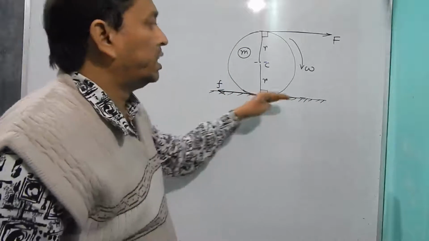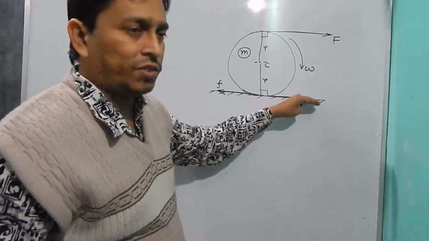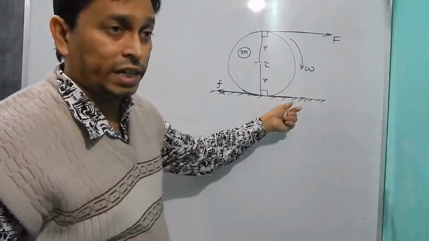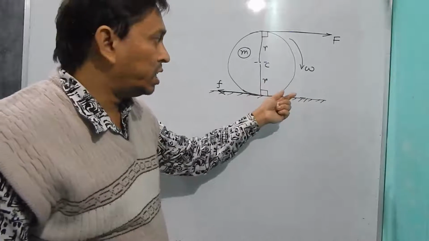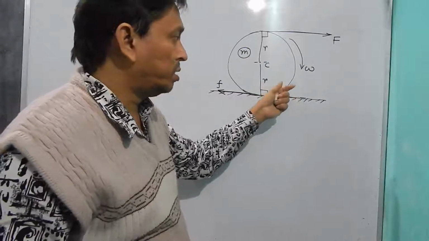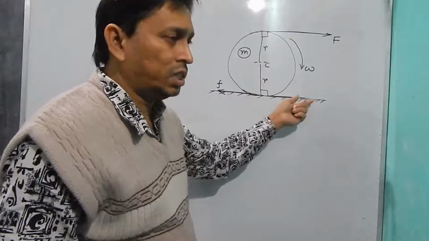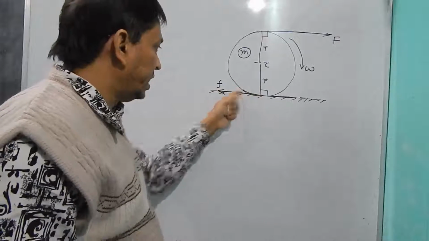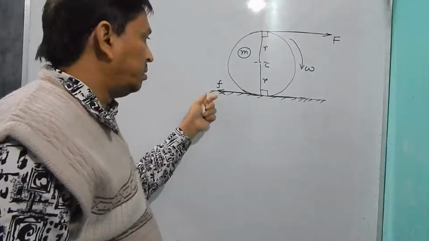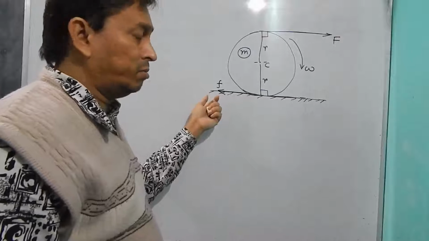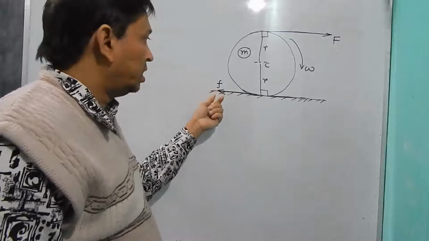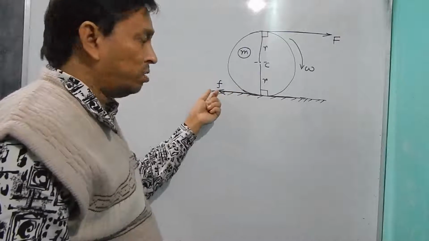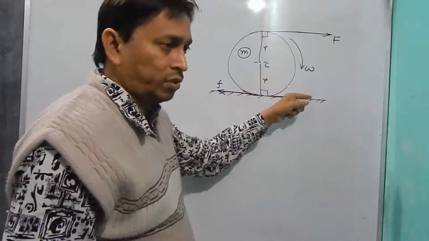Suppose you are taking f in this direction, and after calculation you get the value of f negative. That means the frictional force we assumed in this direction will actually be in the opposite direction. And suppose you are calculating taking f in this direction, and the value of f comes negative, then our assumption is wrong, so f will be in the forward direction.